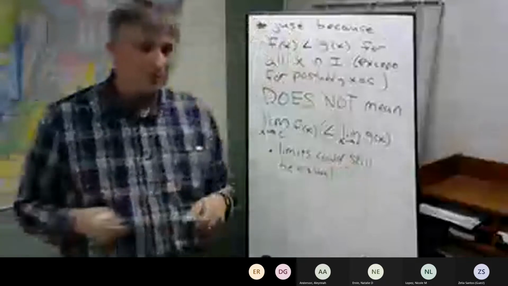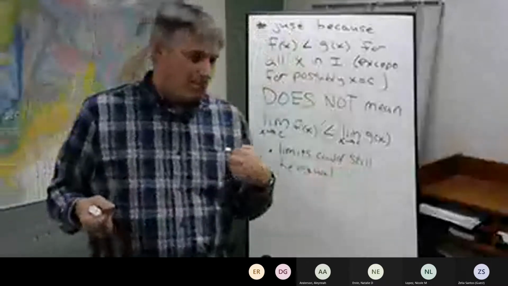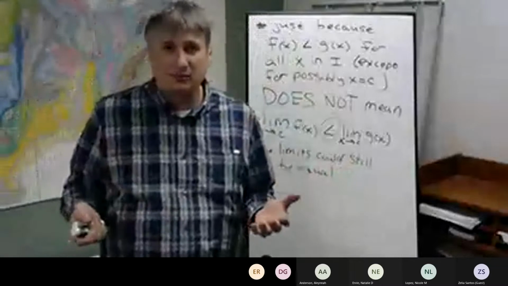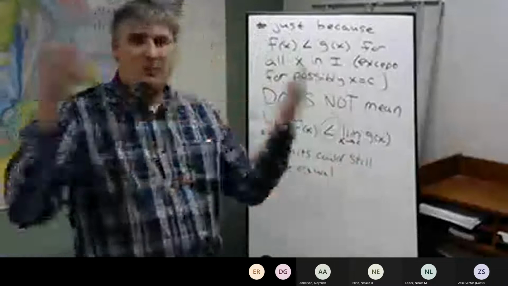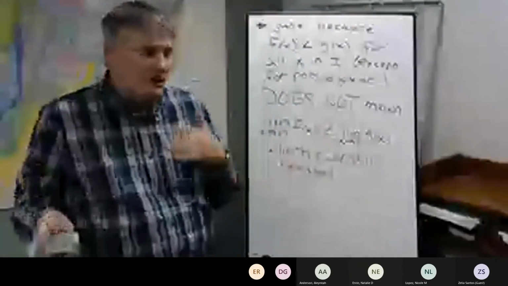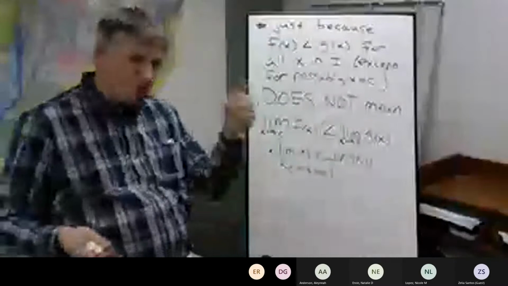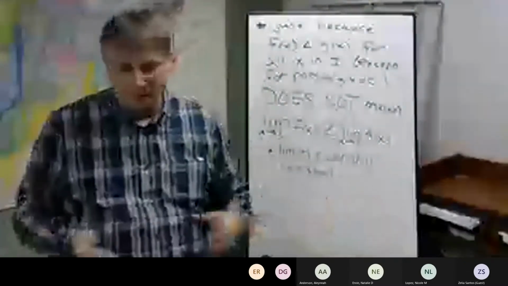I'm going to show you an example, because basically what this is saying is that it's possible for f of x to intersect g of x at that one point, x is c. That's all it's saying. And then for every other point in that interval, they're not equal to each other. And we see that all the time when lines intersect each other. You have equality at one point, but then every place else, the functions have different values.